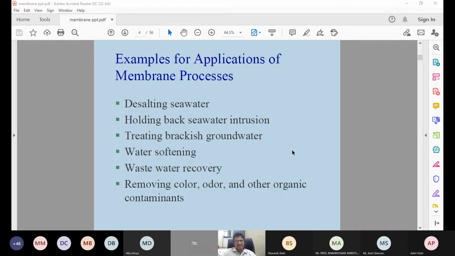It's very simple. We take some amount of water, let us say 100 ml. If you want the total solids, you don't have to filter; just take 100 ml and keep it in the oven and let it evaporate.